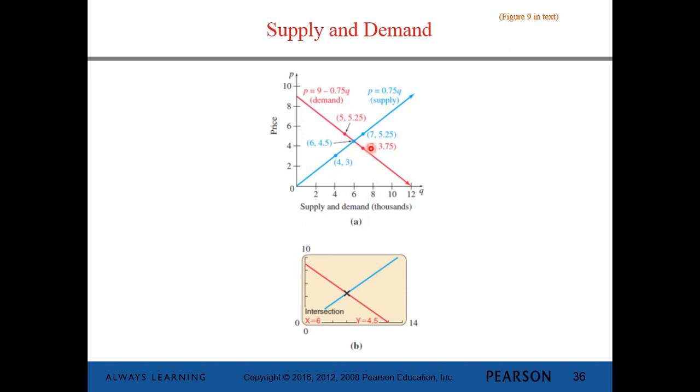Okay, so here's what the curve looks like. Notice that the supply curve is increasing, and the demand curve is decreasing. Now here's another thing to keep in mind. They have price on the y-axis, and that is by construction. That goes way back to the 1960s, to a famous economist who I can't remember off the top of my head, but he's the one that started putting price on the y-axis.